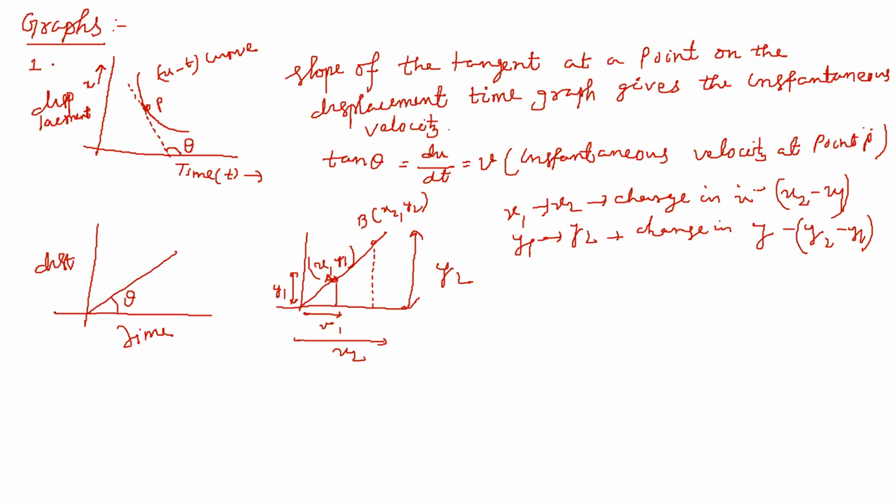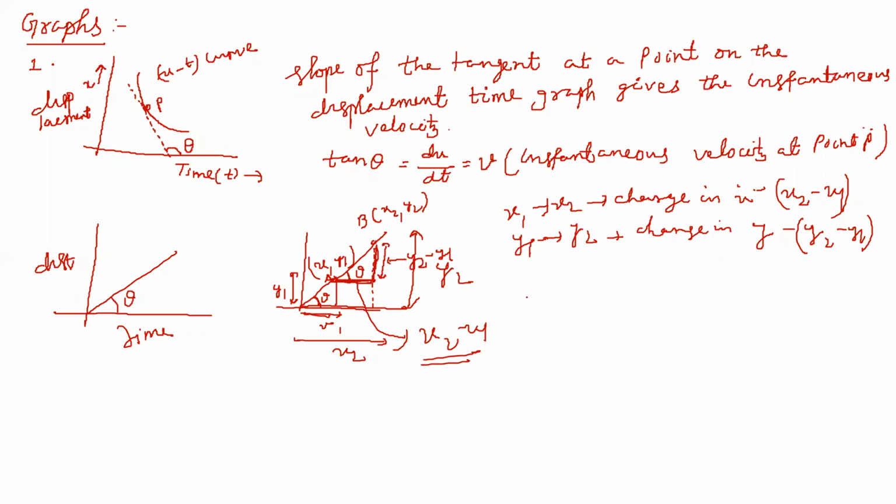Students, I want to know the slope of this line. If I take this angle as theta, this one is also theta, since these are parallel lines. If the total is y2 and this much is y1, then this is y2 minus y1. Total is x2 and this much is x1, so this is x2 minus x1.